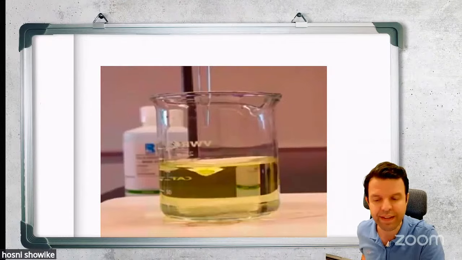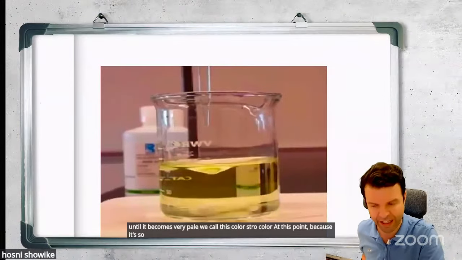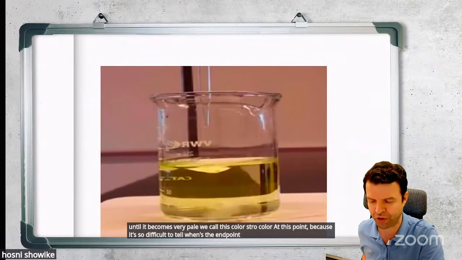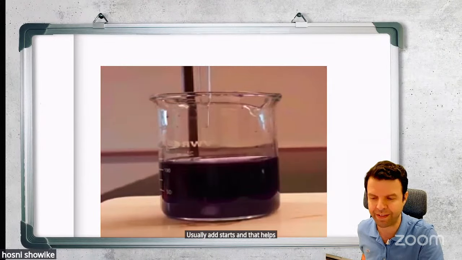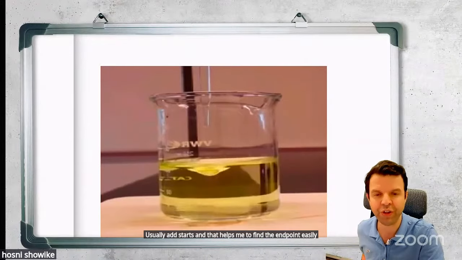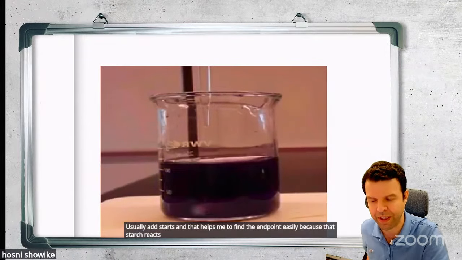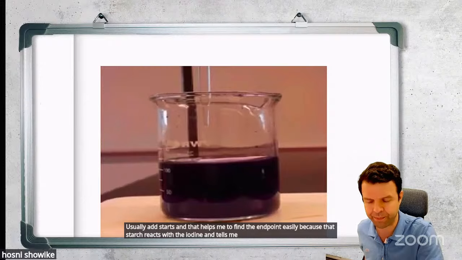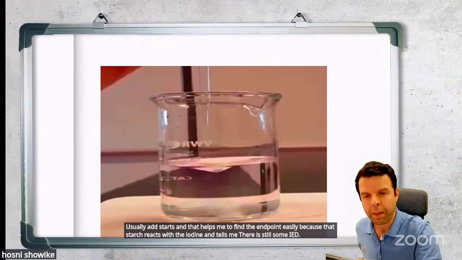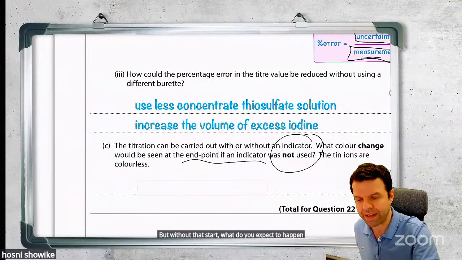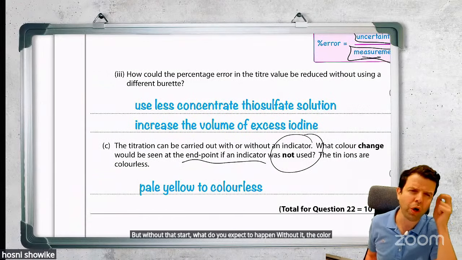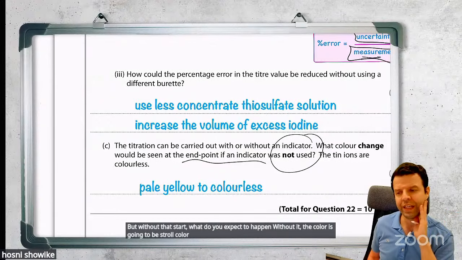At this point, because it's so difficult to tell when the end point is, we usually add starch. And that helps me to find the end point easily, because that starch reacts with the iodine and tells me there is still some iodine. But without that starch, what do you expect to happen? Without it, the color is going to be straw color, or very pale yellow.